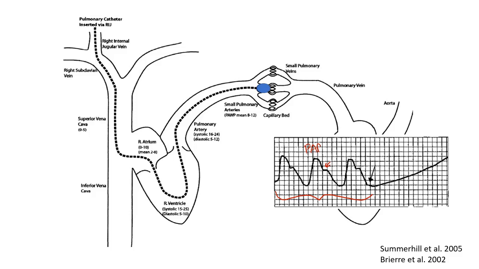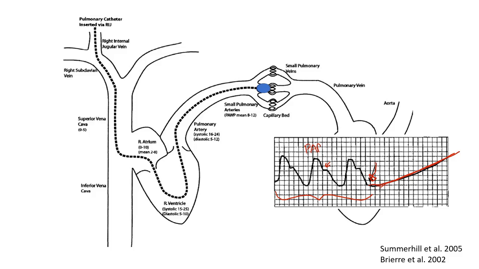So if we see this pressure tracing and we keep advancing that catheter and all of a sudden we see the pressure go through the roof, or let's say we've already placed our PA catheter, and at this arrow here the balloon is down. We've already placed it, the balloon's down, the patient's chilling. We reinflate the balloon and we see this pressure tracing go like that. What does that mean?